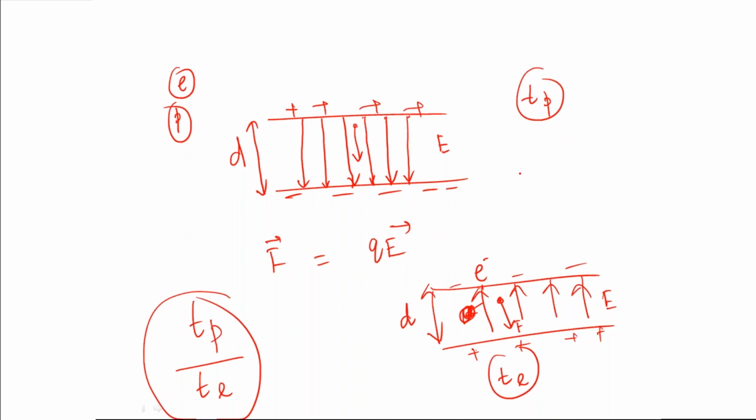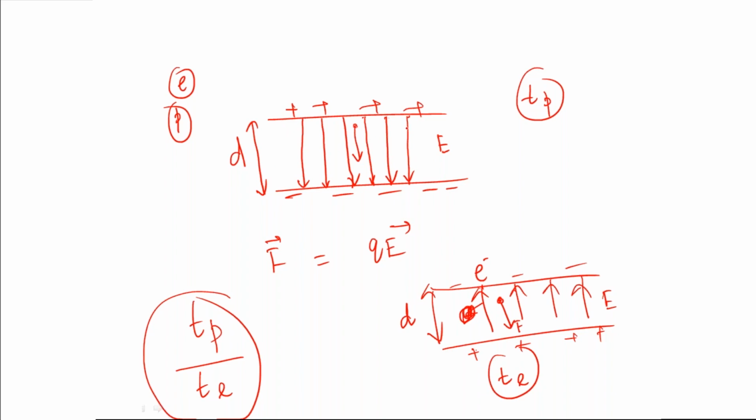I'll repeat the question. There is a uniform electric field between two plates, and the polarity of the plates is maintained by an external battery. The electric field is capital E. The distance between these two plates is small d.